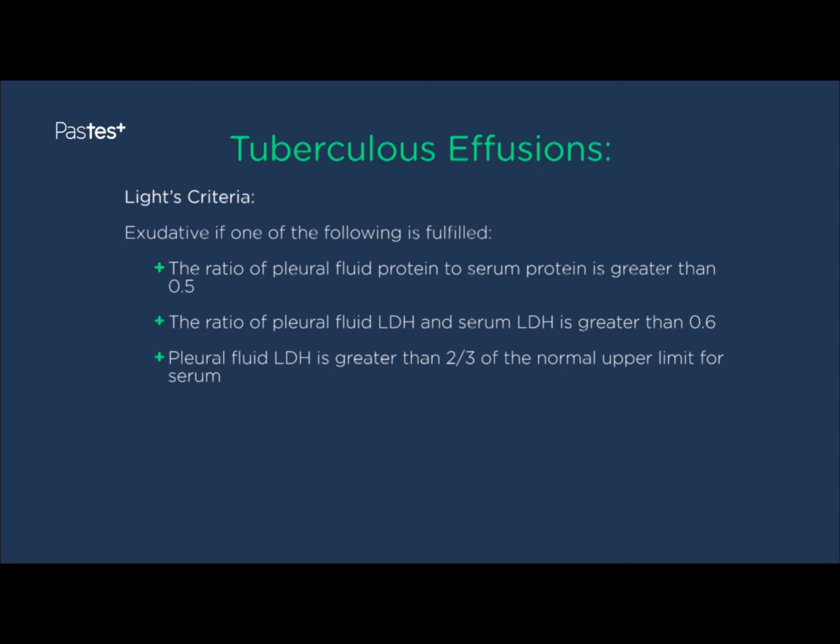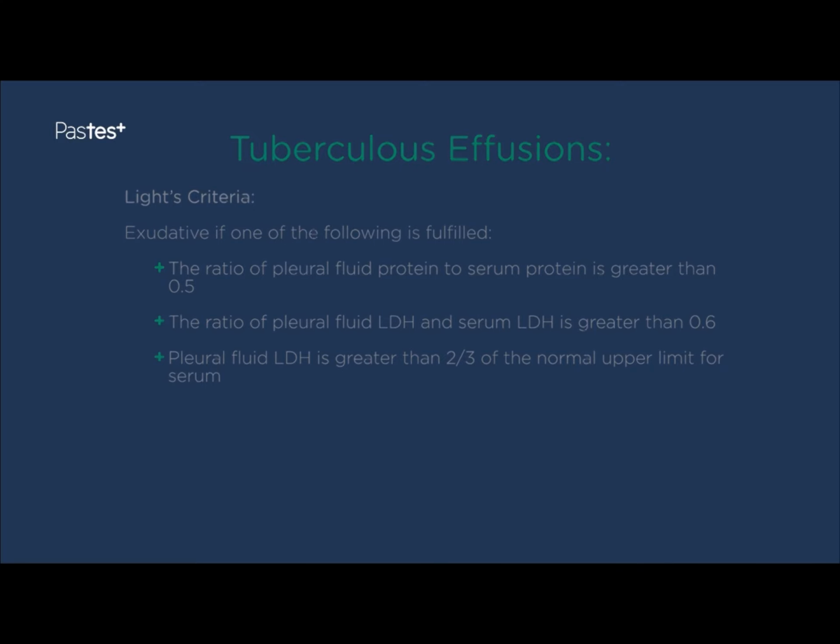So, number 1, the pleural fluid protein content is more than half of the serum protein content. Number 2, the ratio of the pleural fluid LDH to the serum LDH is more than 0.6. Or the pleural fluid LDH is more than 2/3 of that lab's normal upper limit for serum LDH.